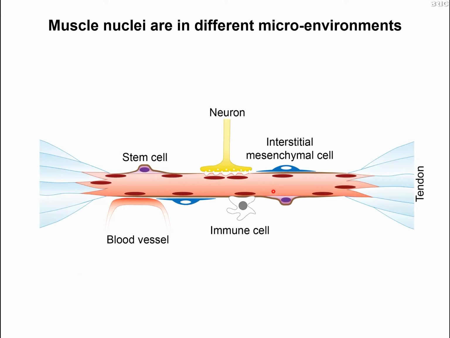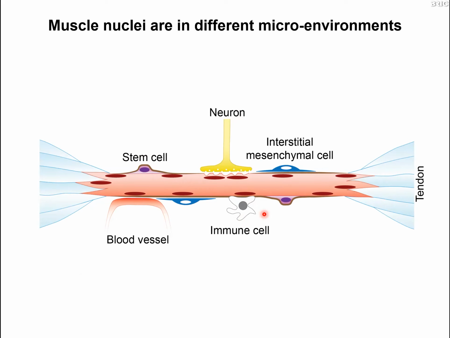For example, some of these nuclei are in close contact with the motor neurons, whereas others are facing, for example, the tendon, mesenchymal cells, blood vessels, immune cells, and so on. Therefore, it is possible that these different cell and nucleus interactions guide local gene expression inside a muscle, and that this plays an important role in orchestrating many functions of the muscle cells.